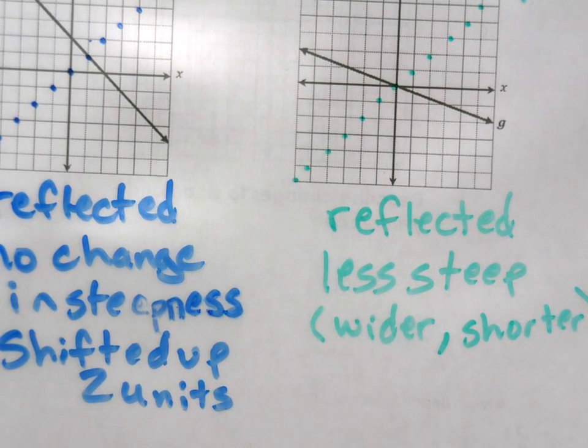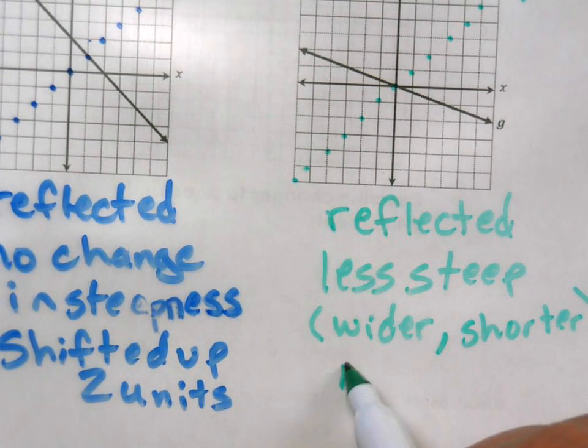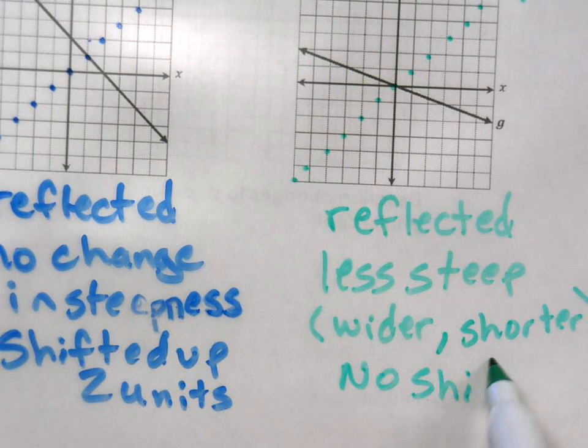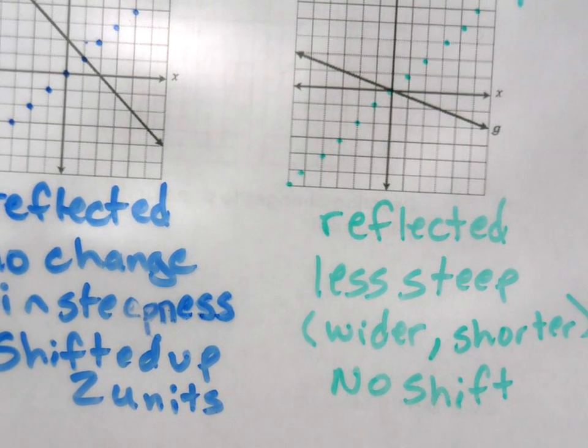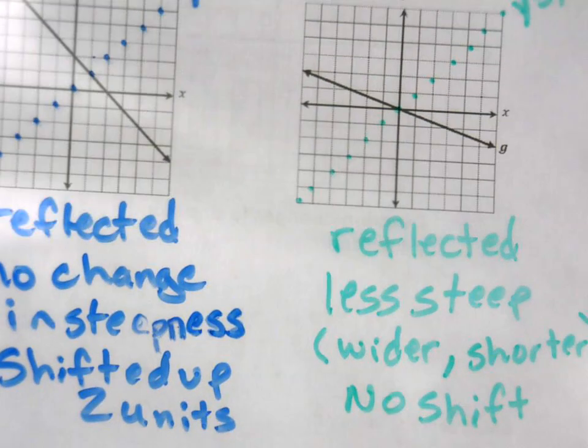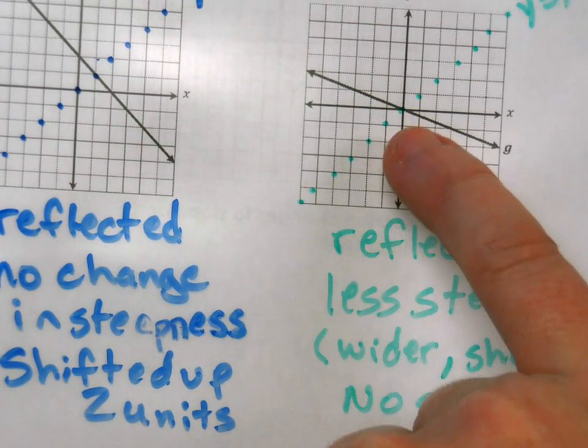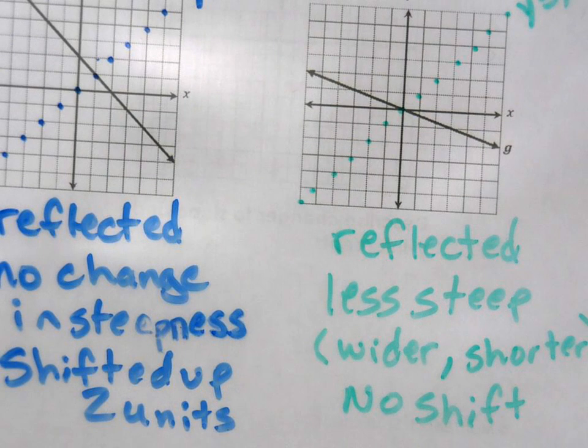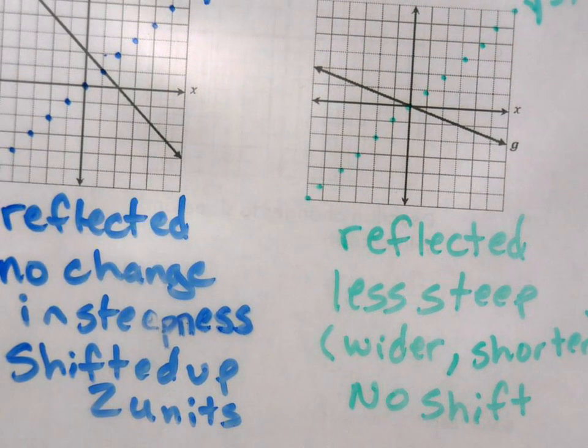Was it shifted any? No. Okay, so no shift or no translation, you can say as well. How do you know it? Because they both go through the origin, so it didn't move.